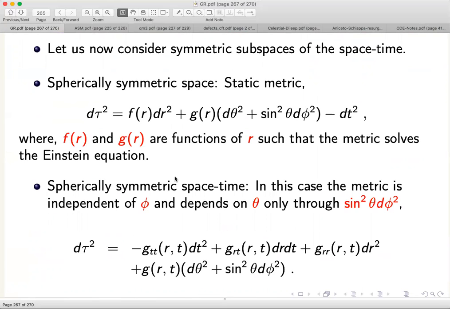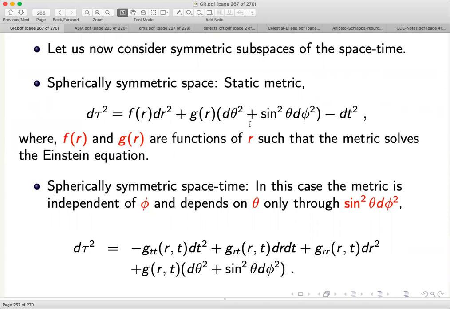Then the metric would take a form like this: f(r) dr squared plus g(r) times d theta squared plus sine squared theta d phi squared, minus dt squared, where f(r) and g(r) are functions of only r. These are functions such that this metric solves the Einstein equation, so that is a condition we'll have to impose.